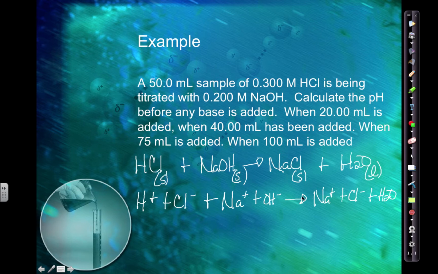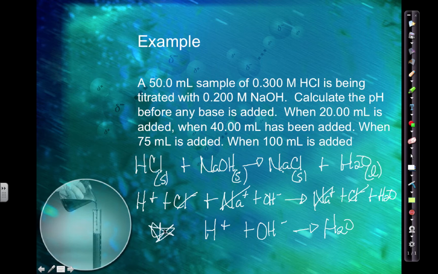All right, so anything that appears on both sides, get rid of it. This goes, and then what we're left with is the net reaction of this. This is always the net ionic equation when you have a strong acid plus a strong base. This is always the net ionic reaction when you have a strong versus strong.